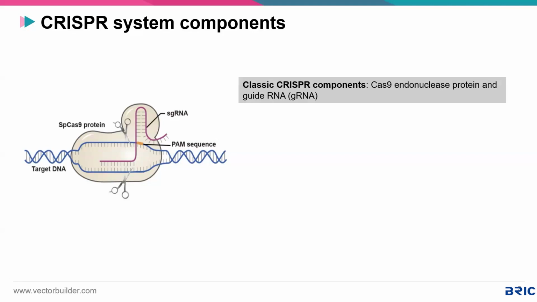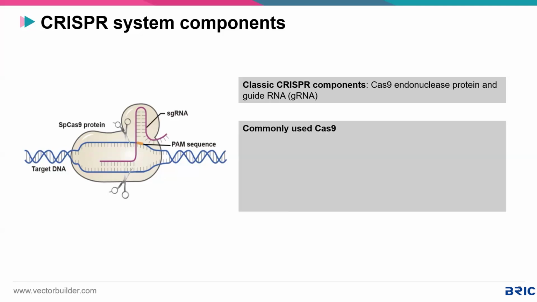Even though Cas9 and guide RNA are the classic components of the CRISPR system, as the technology has emerged, a lot of modifications and a lot of improvements and advancements have come to the field in terms of Cas9. So I want to talk to you about some of the commonly used Cas9 proteins in the CRISPR-Cas system.